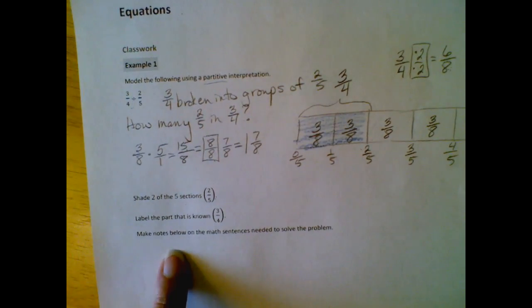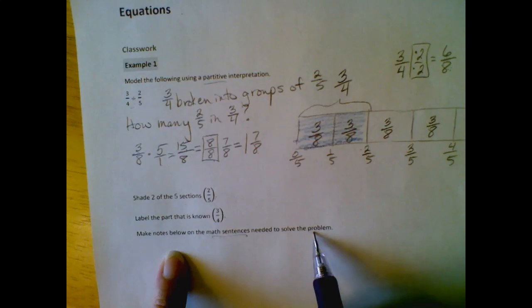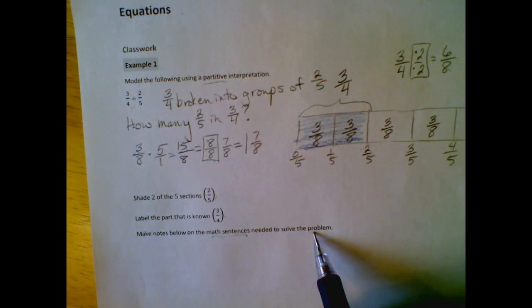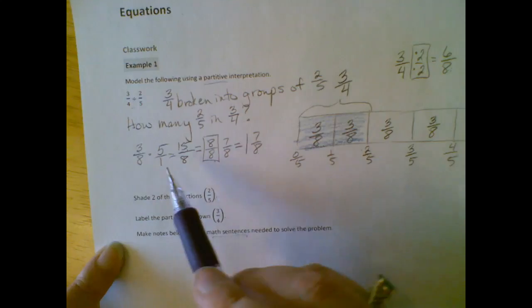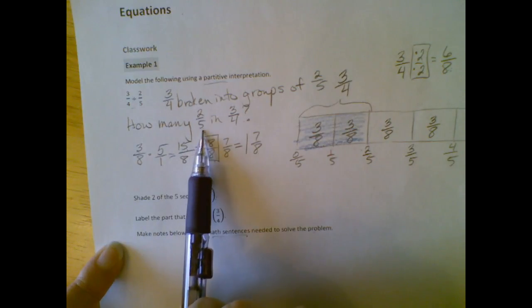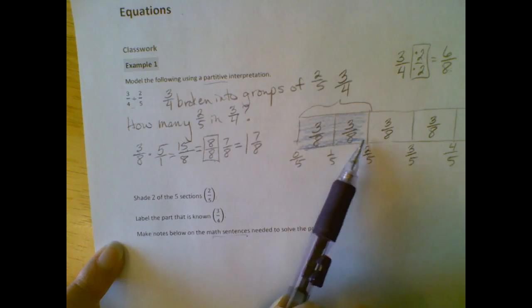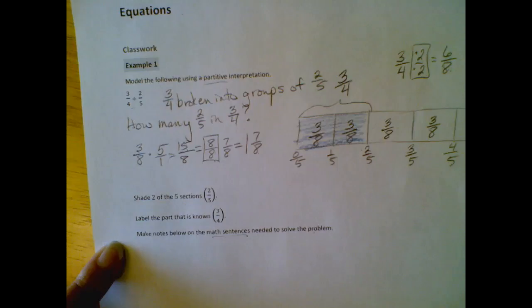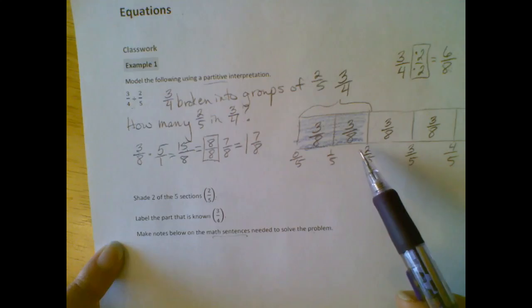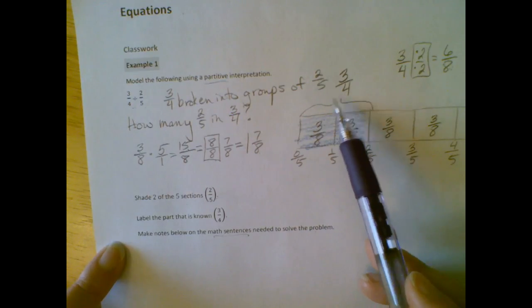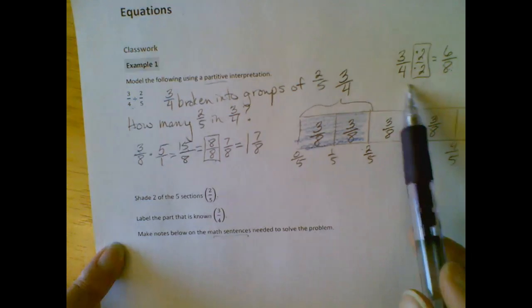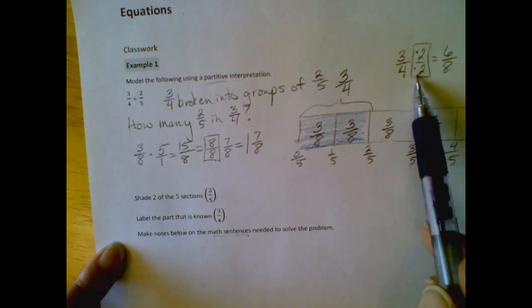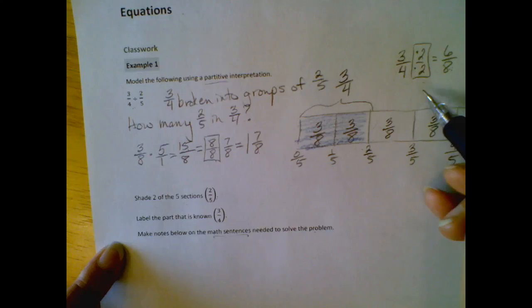Okay, so let's find out. Make notes below on the math sentences needed to solve the problem. Oh, okay. We've done a few of those. First of all, we made the how many 2/5 in 3/4? There were 2. We found half of 3/4. That was one of the first things we did, didn't we? We had to make 3/4 into making 2 of them. Yep, this was first.